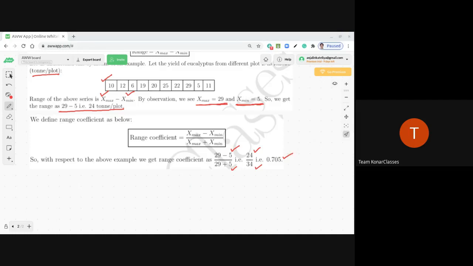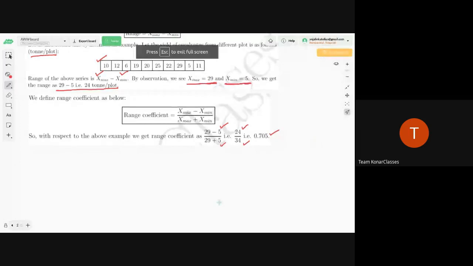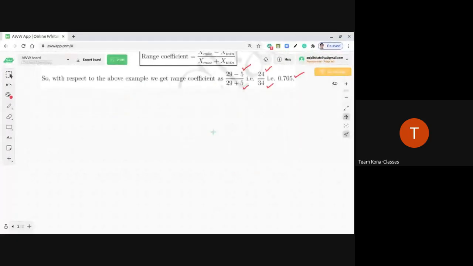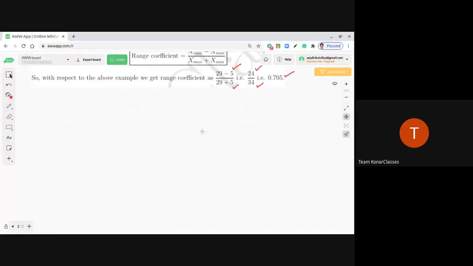So now let's quickly understand the merits and demerits of range. Let me first place the note in front of you, dear students, and after that I will explain what the merits and demerits of range are.